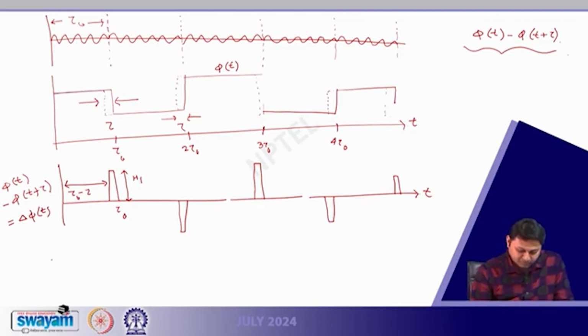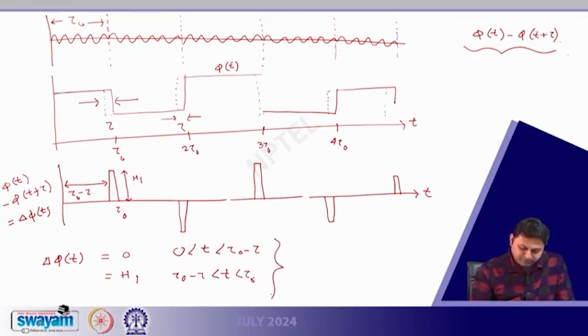So I can write that delta phi is equal to 0 when t is between 0 and tau 0 minus tau, that is in this region, but it has a value h1 when the time t takes this interval.